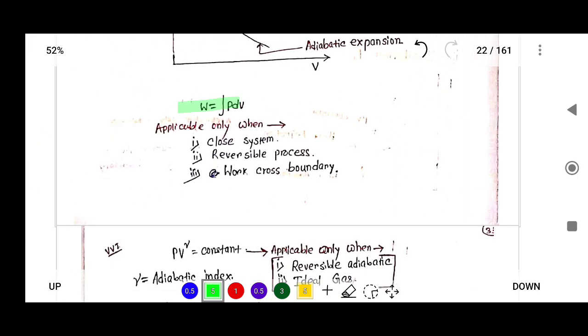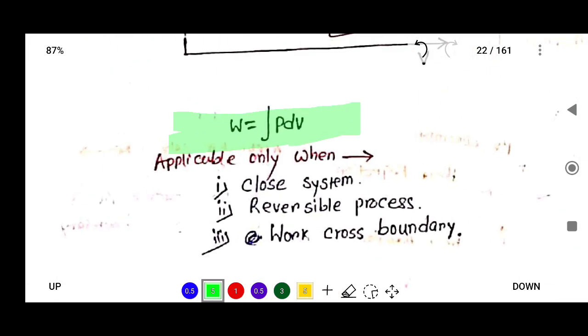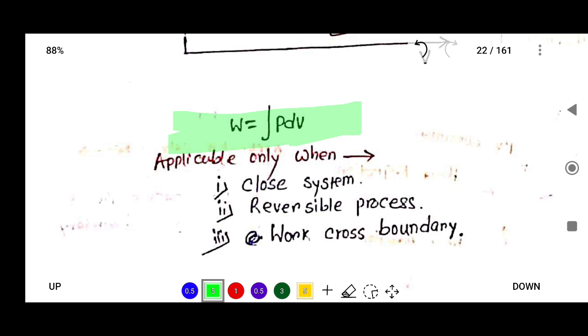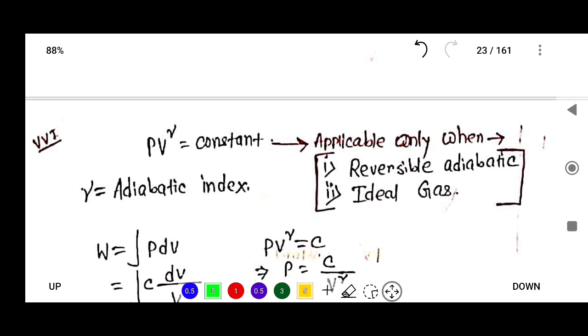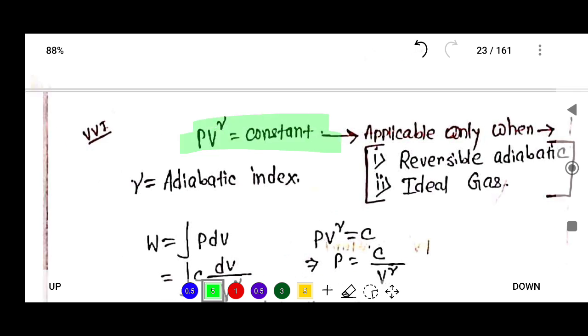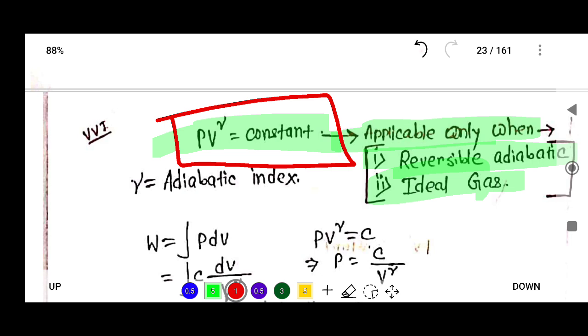Now here the closed system work formula is W equal to integration PdV. This is applicable only when it is a closed system, a reversible process, and work crosses the boundary. For an adiabatic process, we know the formula PV to the power gamma is equal to constant. It is applicable only when it is a reversible process and an ideal gas. Here gamma is the adiabatic index.